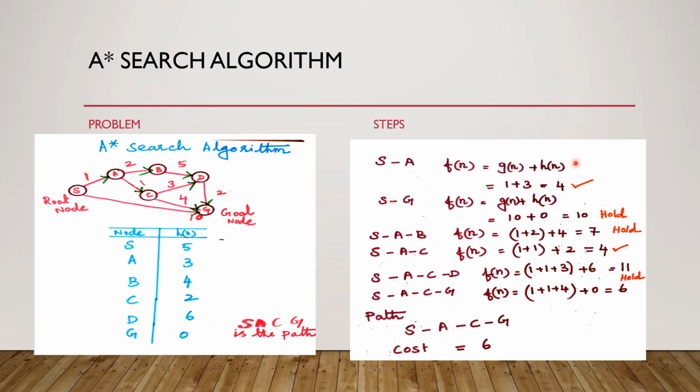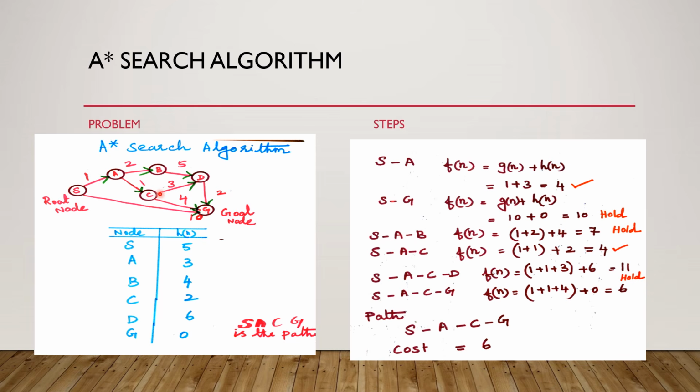Let us take an example problem to understand the A-star search algorithm. Consider this problem. We need to find the path from the root node, initial node or start node, to the goal node. From S to G, what is the optimal path?